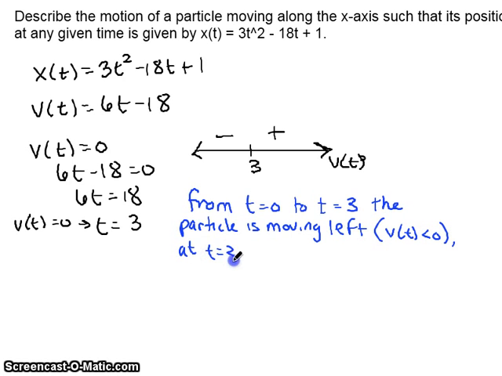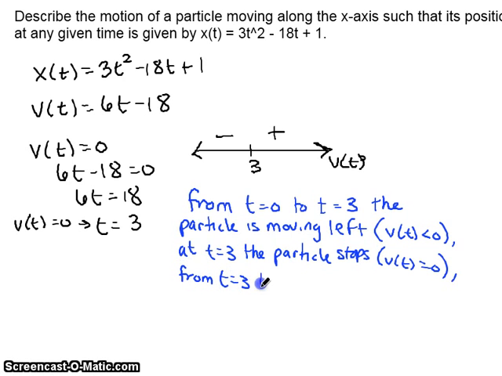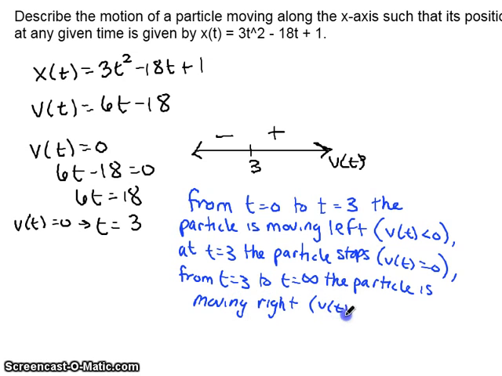At t equals 3, the particle stops, and we would justify that because the velocity equals 0. And then from t equals 3 to t equals infinity, the particle is moving right, because our velocity is positive.